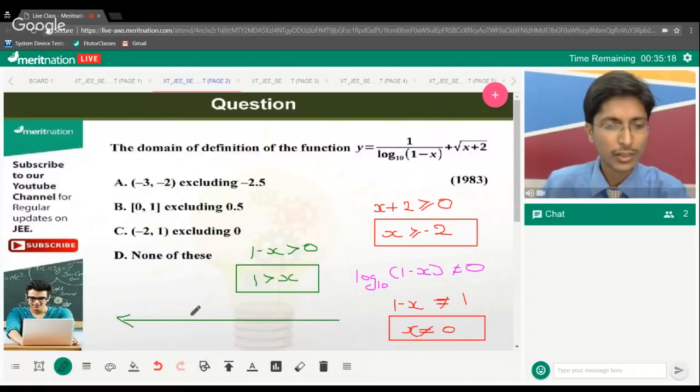So if I draw my number line, x has to be greater than minus 2. So from minus 2, it will move over here. And we are having x is less than 1 and x is not equal to 0. So that's, like many of you have already predicted, the option C.